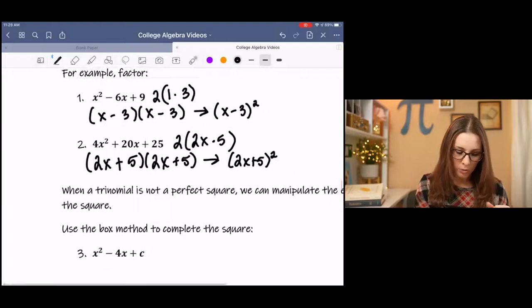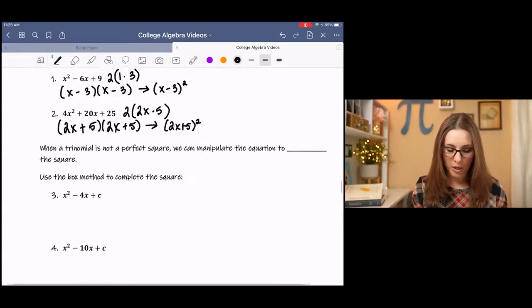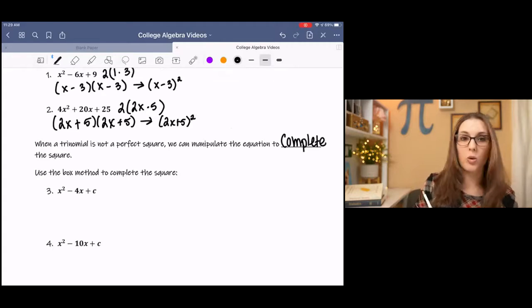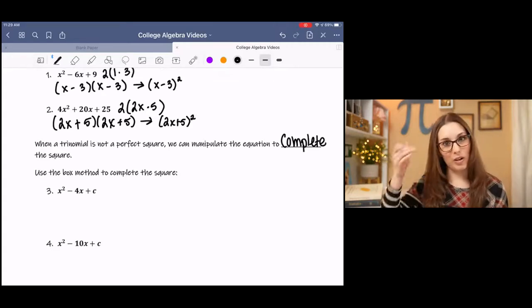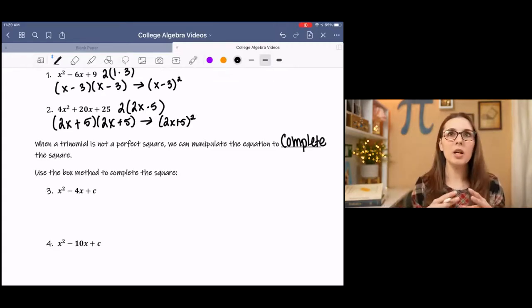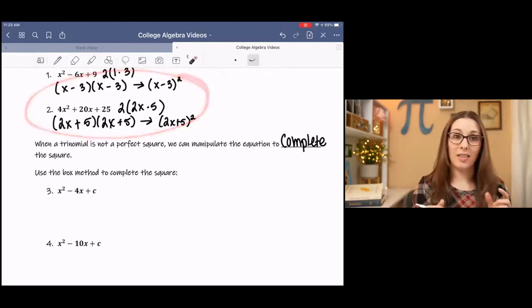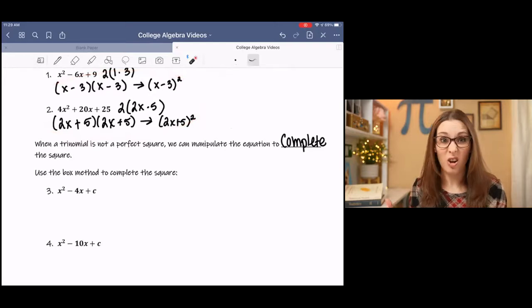So when a trinomial is not a perfect square, we can manipulate the equation to complete the square, and that's where completing the square comes in handy. So we're literally moving stuff around to make it look like a situation like this where we already know how to solve.